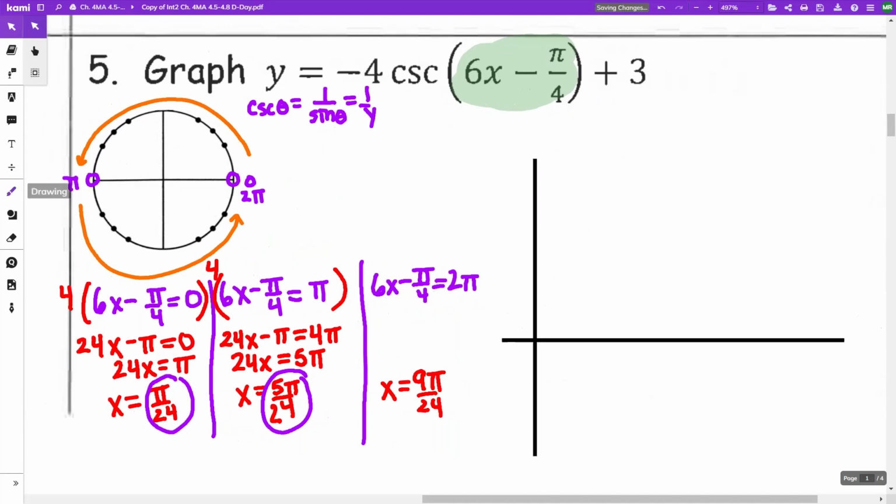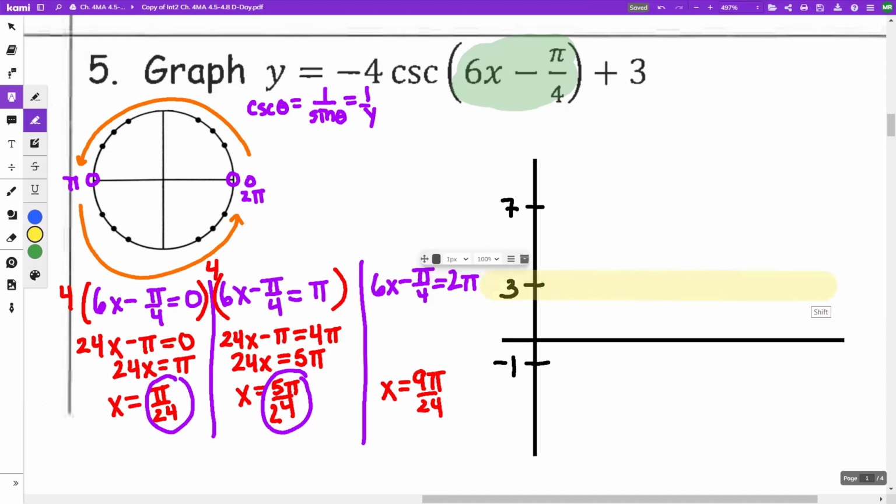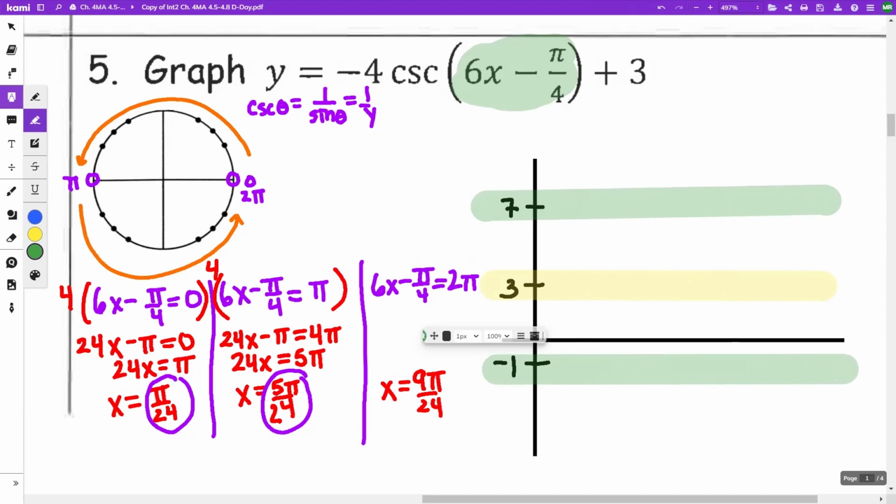Okay, so I am going to be starting up at 3. I'm going to go 4 above that, and 4 above that's going to put me at 7. I'm going to go 4 below that, which is going to put me down at -1. So again, these are going to be like where my zeros would be. These would be like where my ones. These would be where my -1s would normally be.